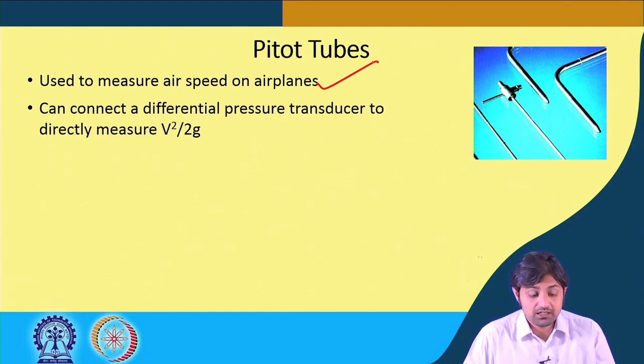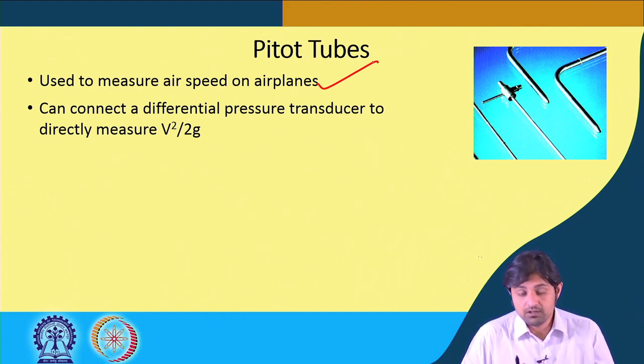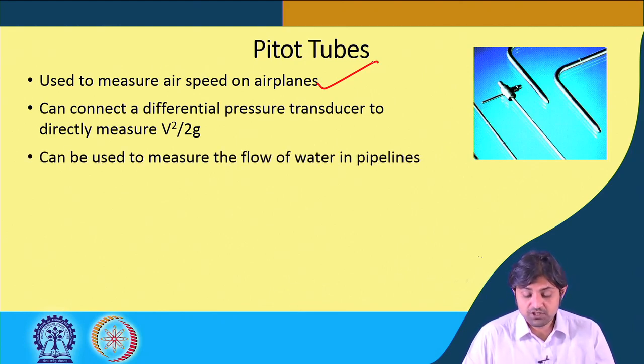It can connect to a differential pressure transducer to measure the V square by 2G, because Bernoulli's equation has V square by 2G. So, what it does is measure V square by 2G and therefore tells the air speed. The pitot tube can be used to measure the flow of water in pipelines also.